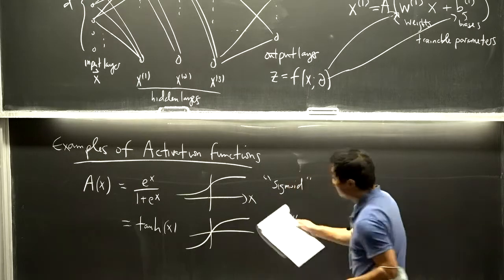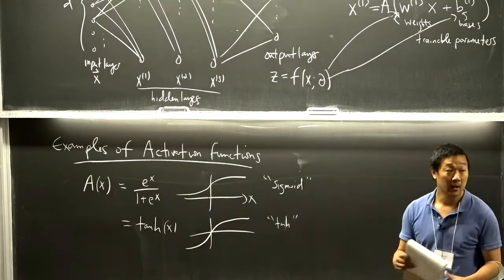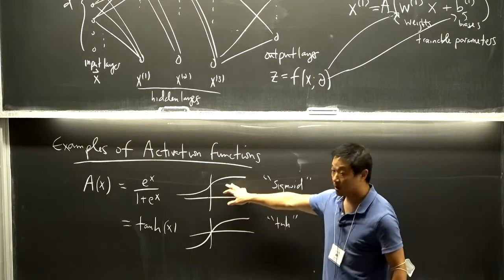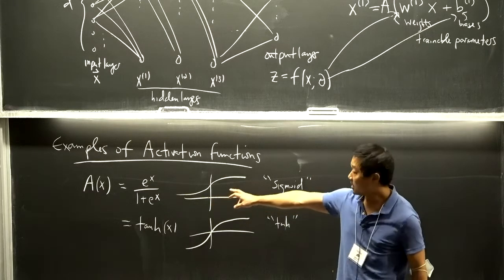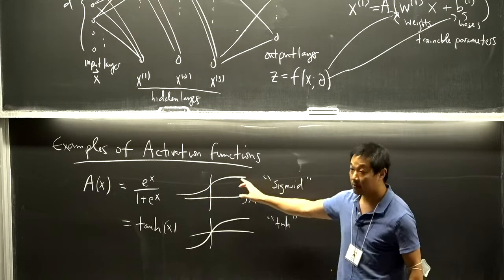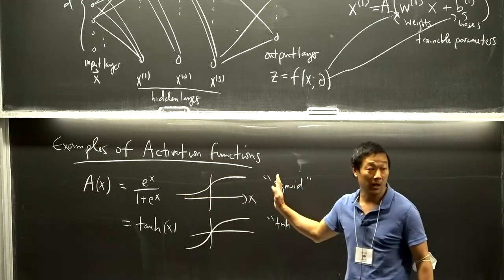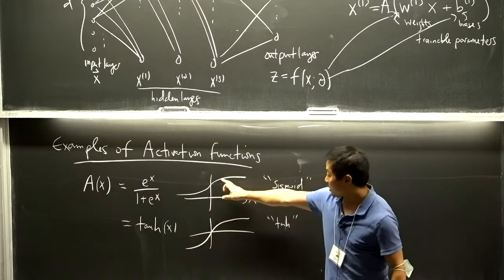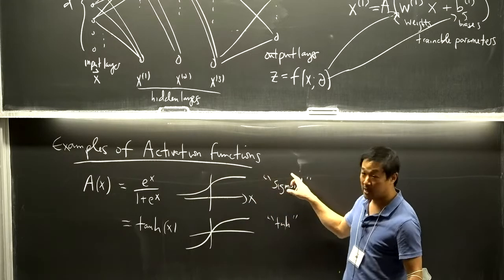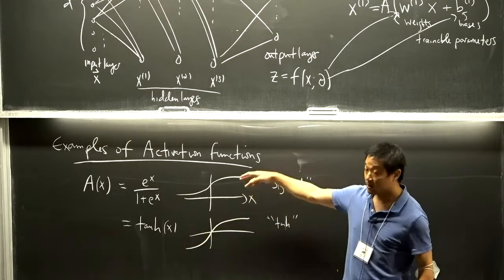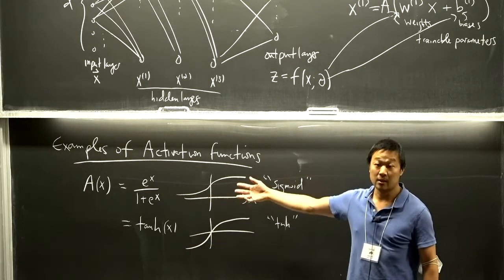And these were widely used until modern times, when people realized that they were hurting the training of neural networks, because the information you get from the activation saturates when the inputs are too large or too small. In other words, the activation saturates at 1 or 0, or 1 and -1, and in particular, the derivative of the activation goes to 0.